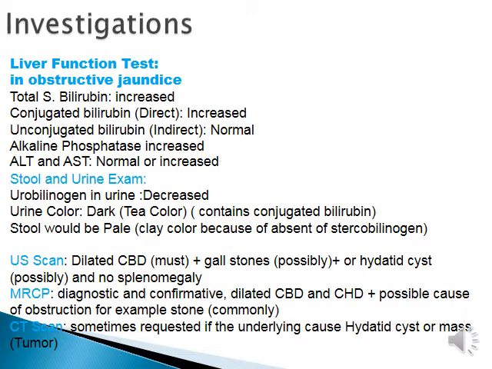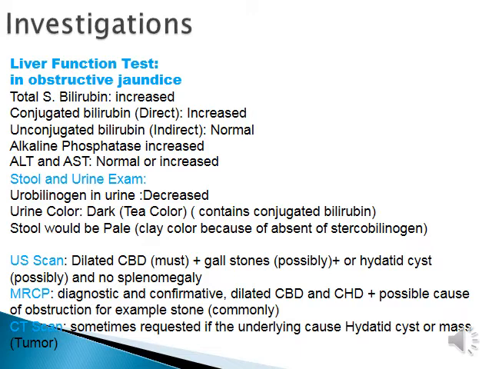Then ultrasound scan will show a dilated common bile duct, which is a common finding in case of obstructive jaundice, plus possibly the presence of gallstones if the underlying cause of obstructive jaundice is stone, plus possibly the presence of a hydatid cyst in the liver if the cause of obstructive jaundice is intrahepatic biliary rupture, I mean a daughter cyst passed downward in the CBD. In addition, in obstructive jaundice, in ultrasound we will see no splenomegaly.